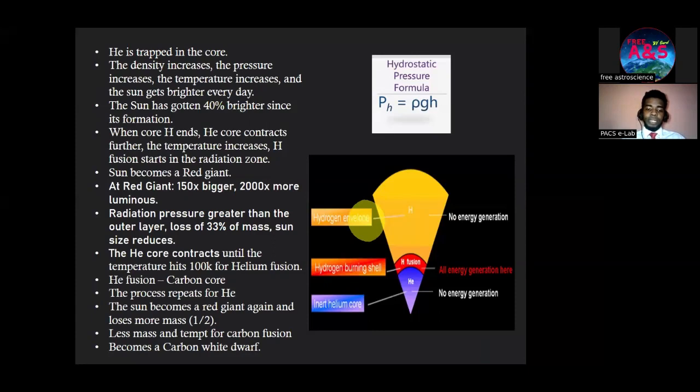Now, what I'm about to explain, we apply to all the stars, okay? There are a little bit of changes, but the process is almost the same. What I'm about to explain can be extrapolated to other stars, even massive stars.